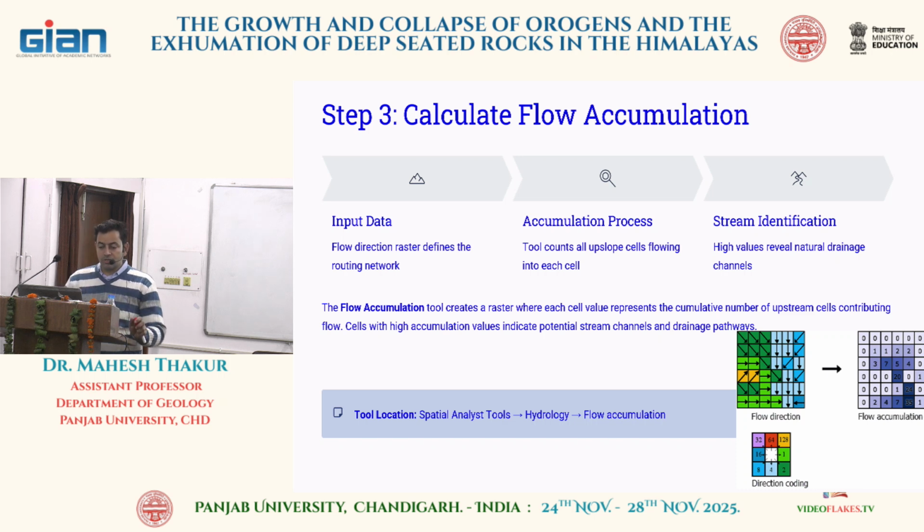The flow accumulation tool creates a raster where each cell value represents the cumulative number of upstream cells contributing flow. Cells with high accumulation values indicate potential stream channels and drainage pathways. So the tool location is spatial analysis tools, hydrology, flow accumulation.